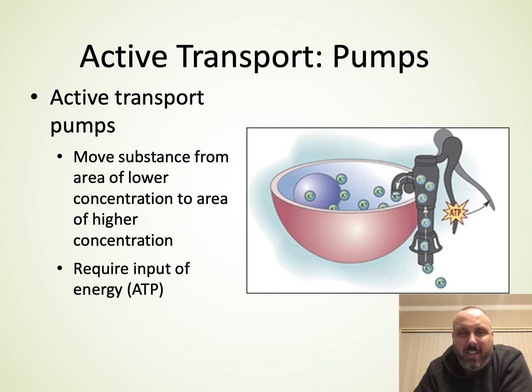So you don't need to know the details, but it's an example within the body that uses active transport and these pumps. So things to remember: low concentration to high, so against the natural concentration gradient, and they require energy. And again, the currency for our body is ATP.